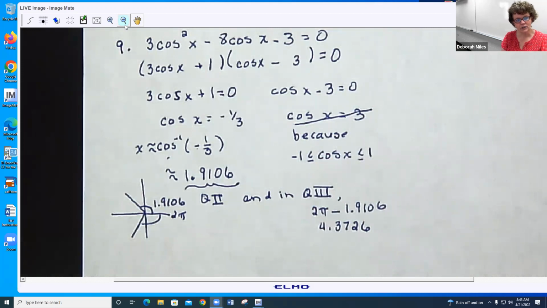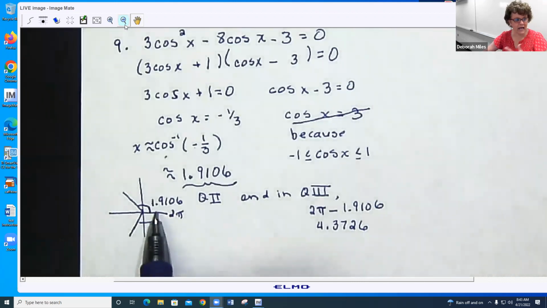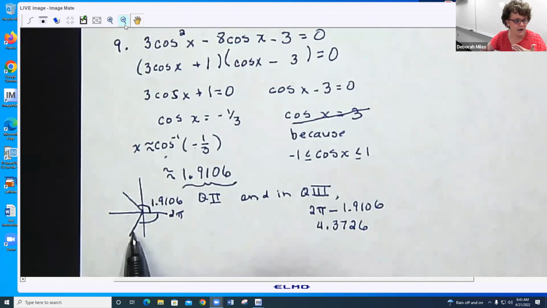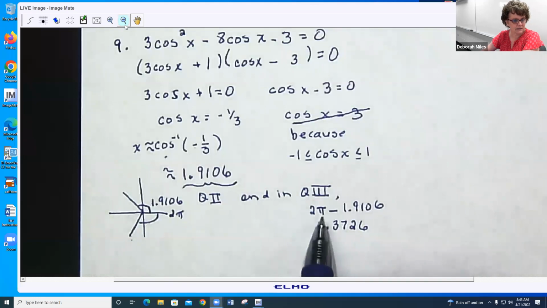So again, if the directions didn't specify that my answers had to be between 0 and 2 pi, I could have just used positive 1.9-ish and negative 1.9-ish. But because my answers have to be between 0 and 2 pi, I just have to find another name for this angle, and another name for it would be about, I'm going to call this about 2 radians, from about 6 radians. 6 minus 2 is 4 point something.